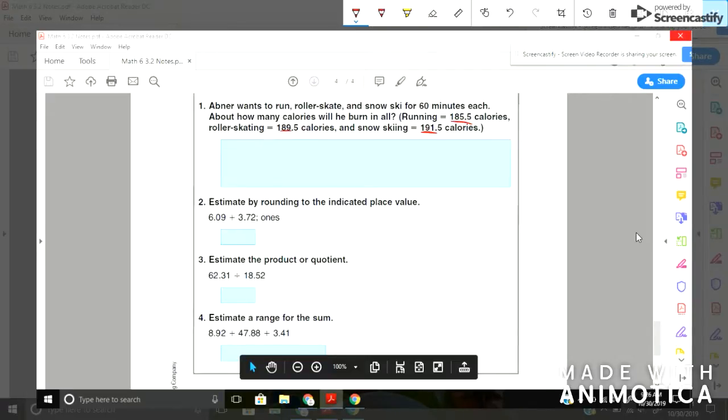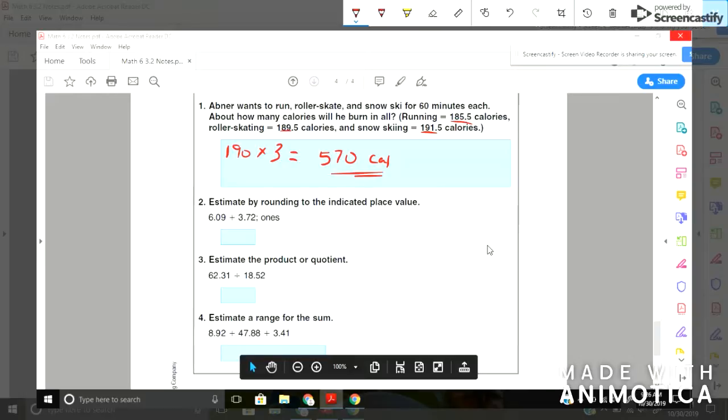So if you took 190 and you multiplied it by 3 for the 3 different activities, using the clustering method, 190 times 3 would give you a total of 570 calories. So hopefully you came up with something close to that.